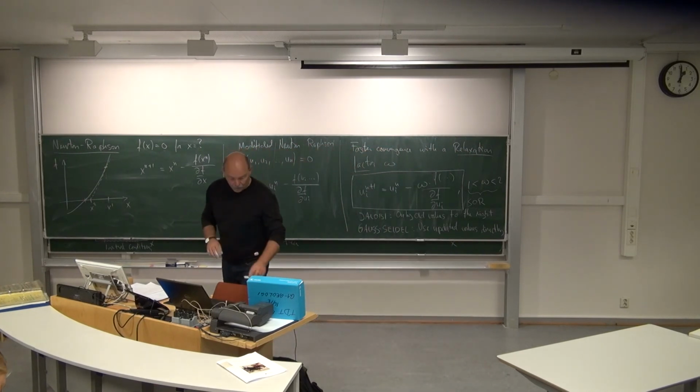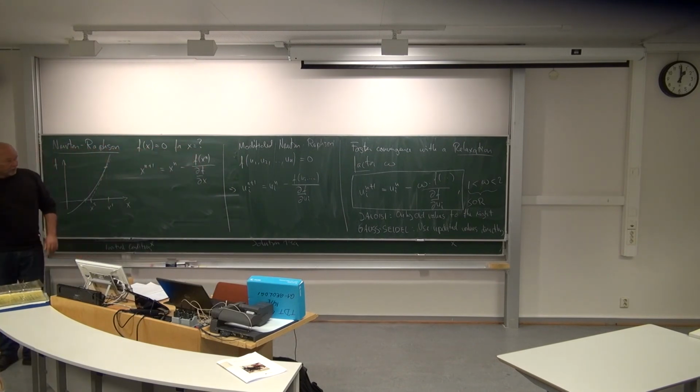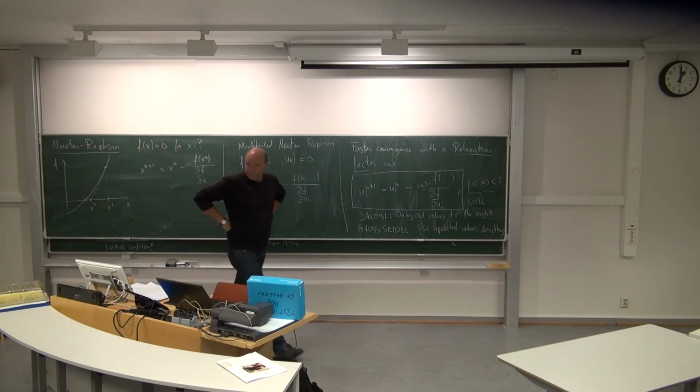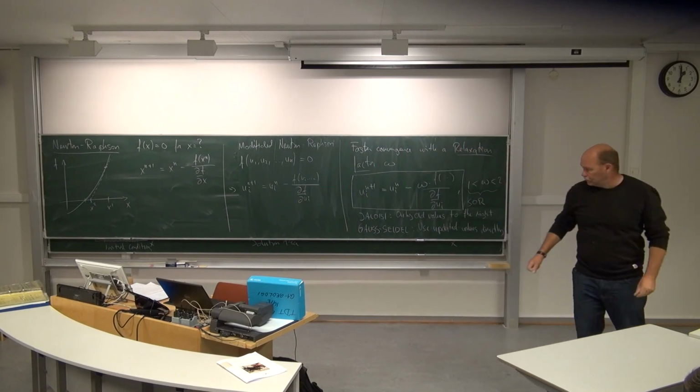It's a very easy method to program, quite popular since it's so easy. It's not the most efficient method, but normally it works quite fine. So you'll see an example in the next lecture. Any questions? Then we take a break.